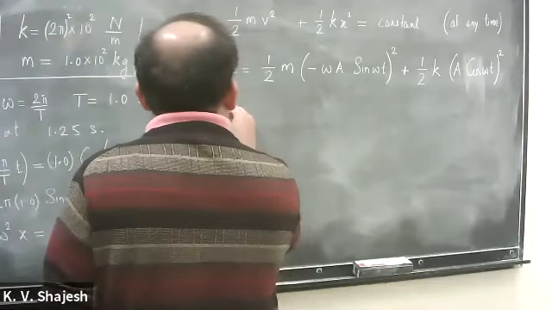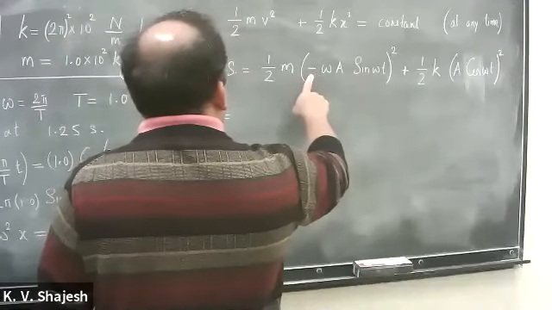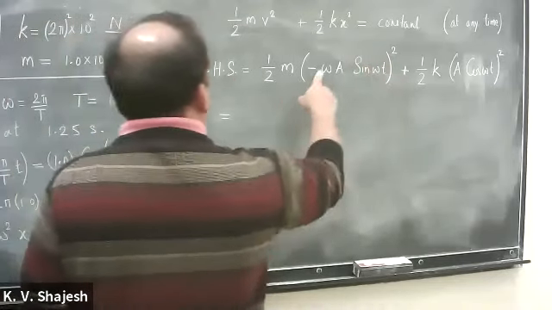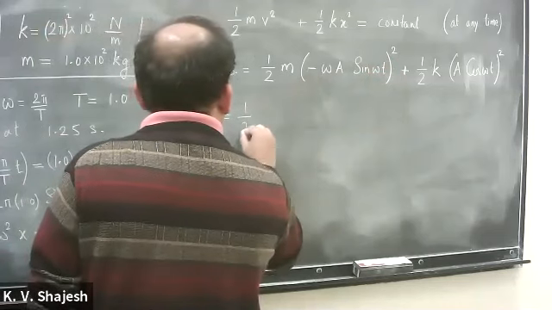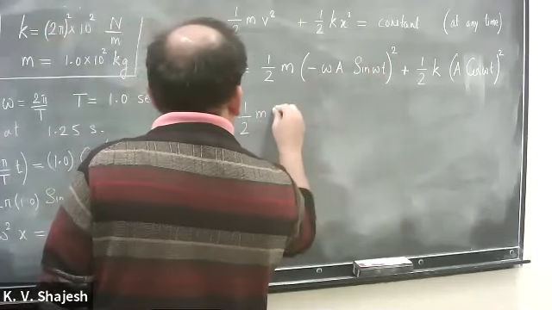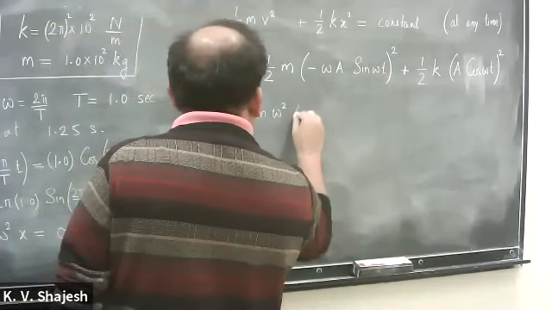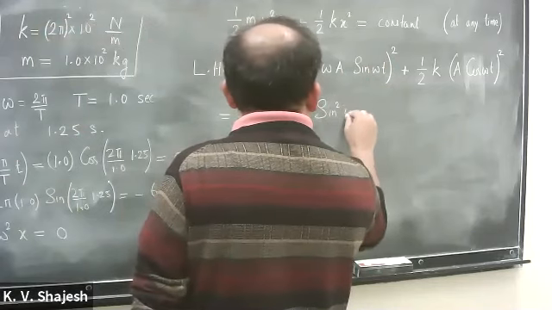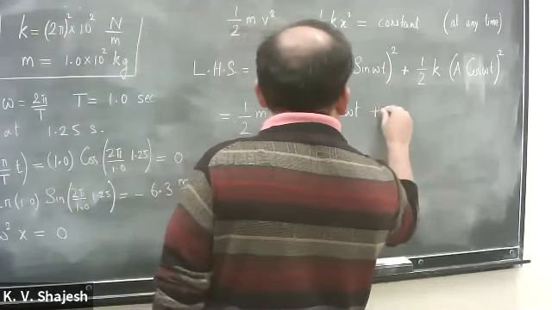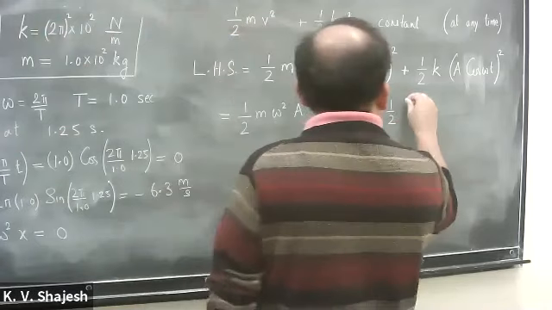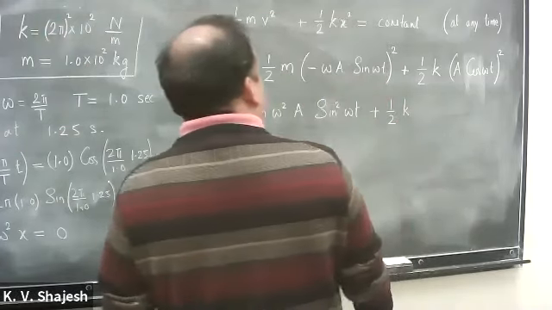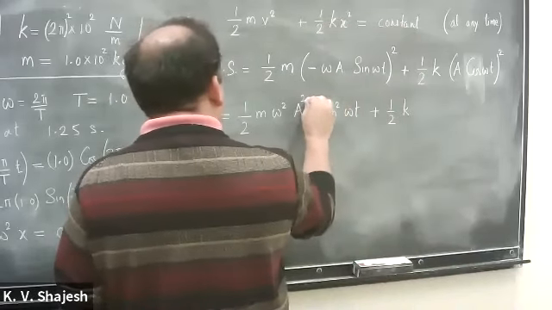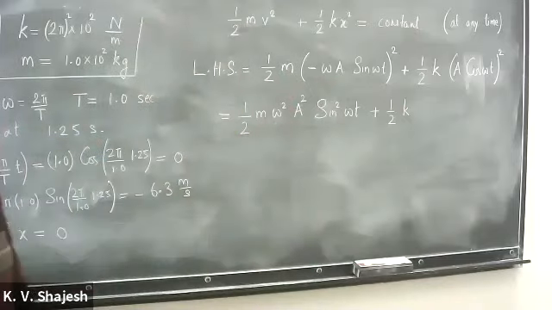Since it is squared, the minus sign does not contribute. So that is half m omega squared, then the amplitude squared, A squared, sine squared omega t, plus half k, the spring constant k, and then again the amplitude squared. Oh, I missed the square of the amplitude in the first term.